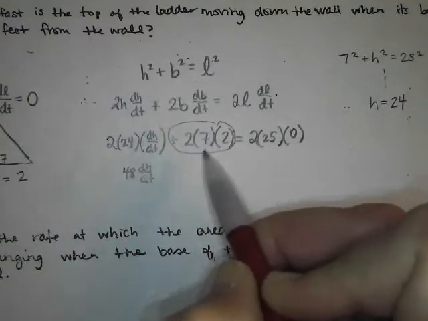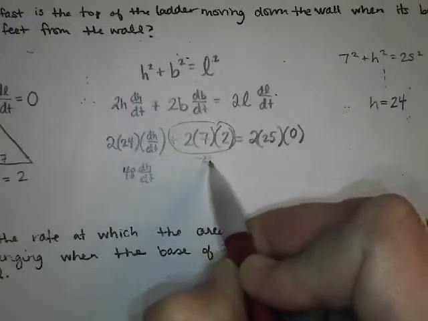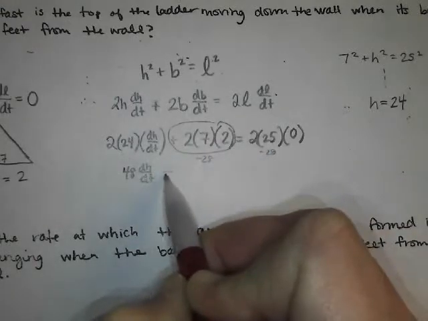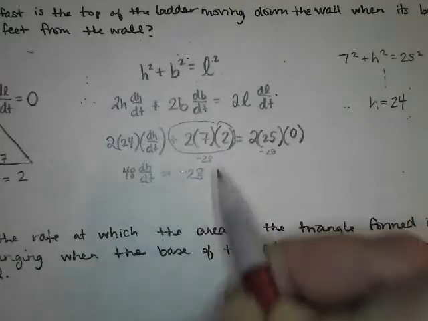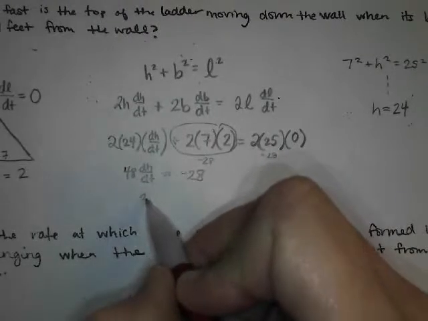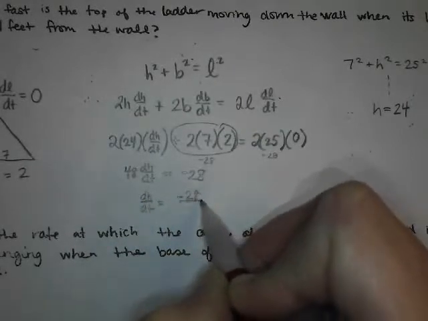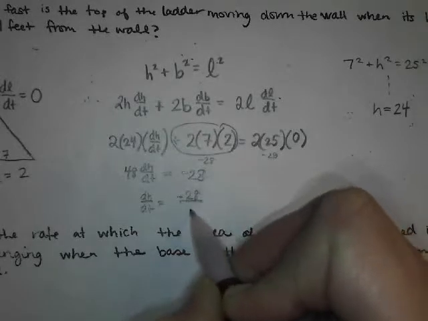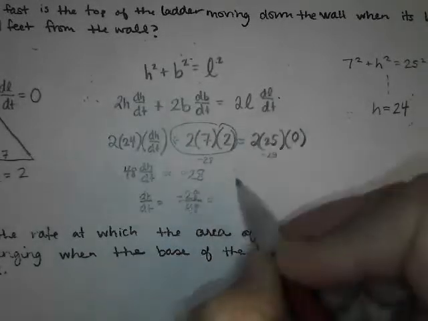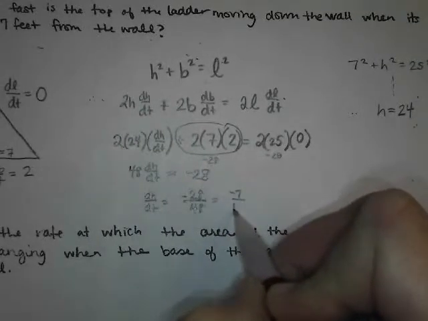That's 28, yes? So if I subtract 28 over, this will equal negative 28. Good? Divide both sides by 48, so dH/dt equals negative 28 over 48, which is going to reduce, both of those are divisible by 4, to negative 7 over 12.